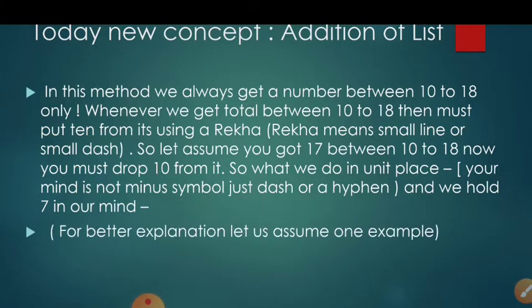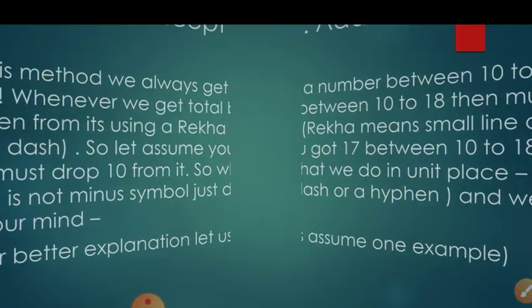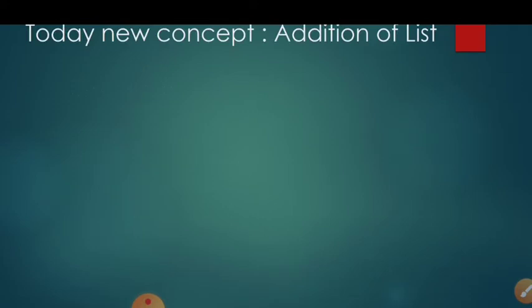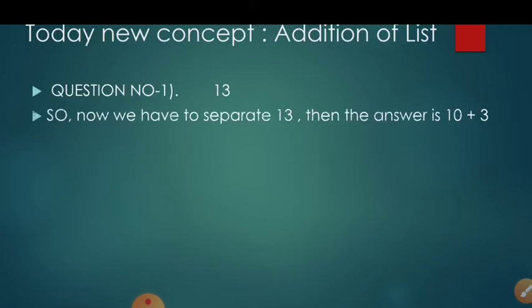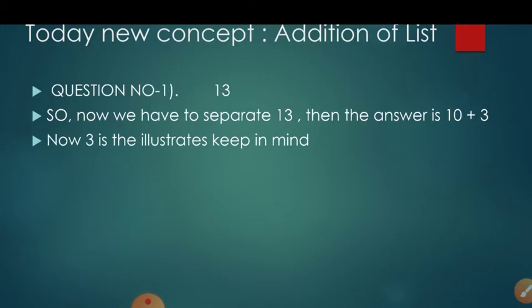For a better explanation, let's take one example. The example is 13. Now separate 13. What is the separation of 13? 10 plus 3. When we add 10 plus 3, the answer comes 13. Now forget 10. Only remember 3. Now 3 is the illustrate number. Keep it in your mind, not on your finger.